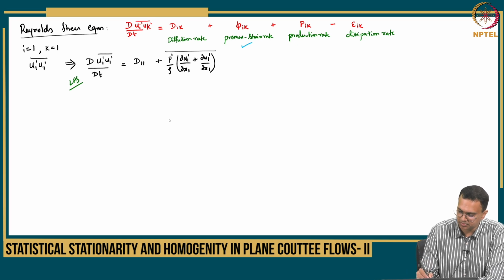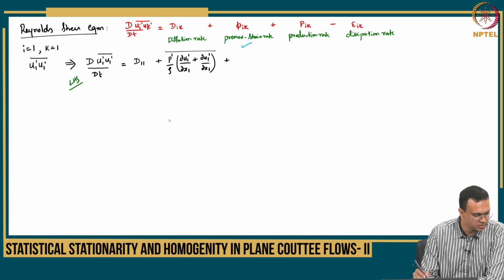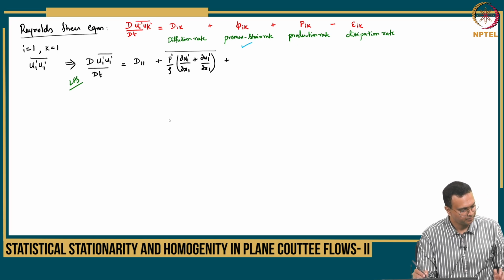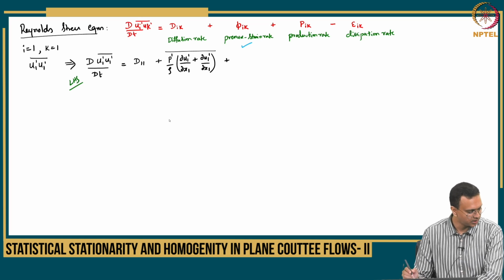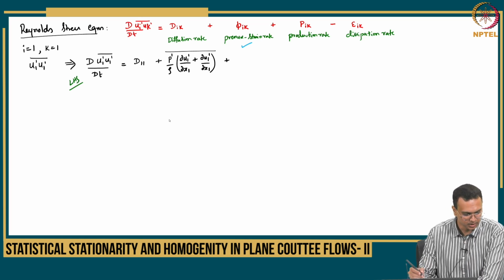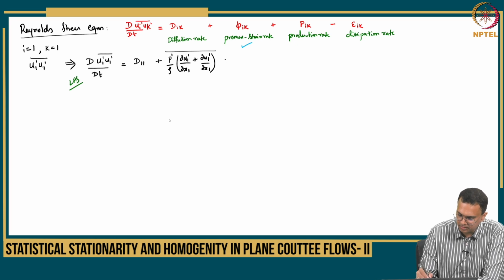So now I have the production rate term. This I would like to expand. The production rate term was minus ui prime uj prime dou uk bar by dou xj plus uk prime uj prime dou ui bar by dou xj. So I can write minus of the production rate, which was u1 prime uj prime dou u1 bar by dou xj plus again, with i equal to 1, u1 prime uj prime, k is also 1, dou u1 bar by dou xj.